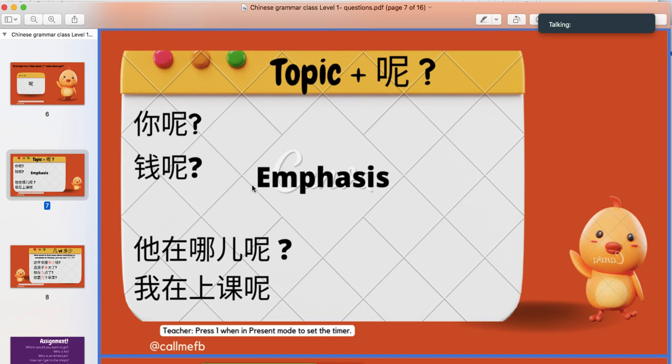That's good. Anyway, so let's look at emphasis, all right? So you will see na sometimes being used for emphasis, all right? Who wants to read the first phrase here? Sure, please read it for us. 他在哪儿呢？ Yes, very good.